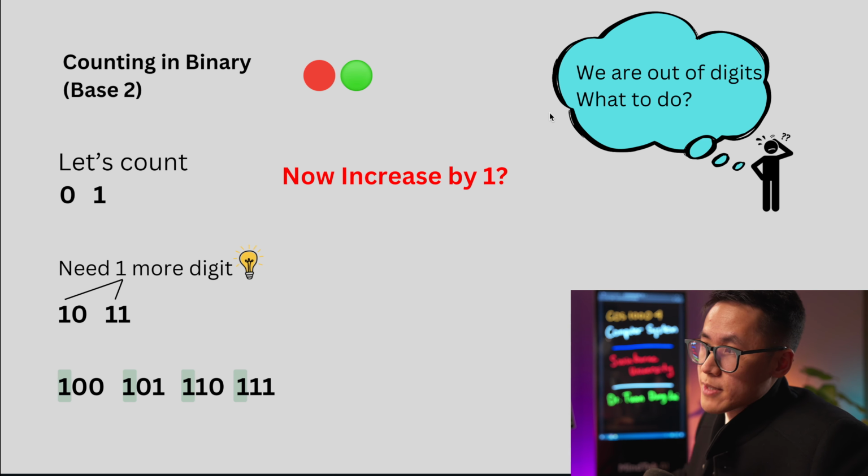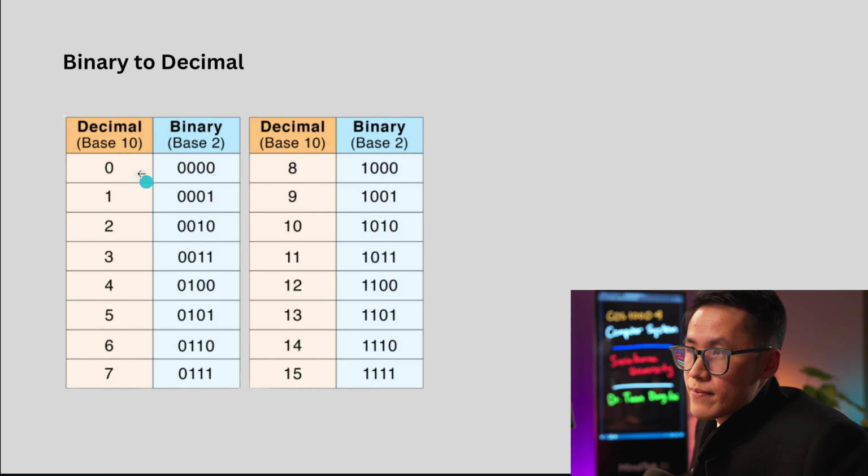Okay, now that we have this pattern, let's have a look at the table that I have prepared. This is decimal in base 10, and this would be the corresponding number in binary system, which is base number 2. Okay, so in here I use 4 digits to represent the number.